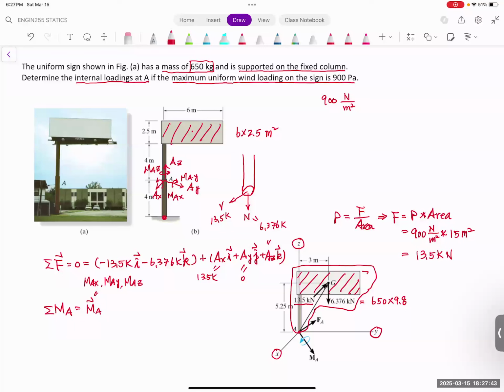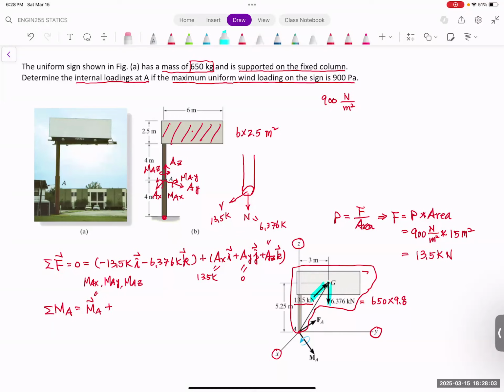And this is not the only thing that will cause a moment at point A. The other moment is created by two forces in the system, which are these two. This one and this one will create a moment.